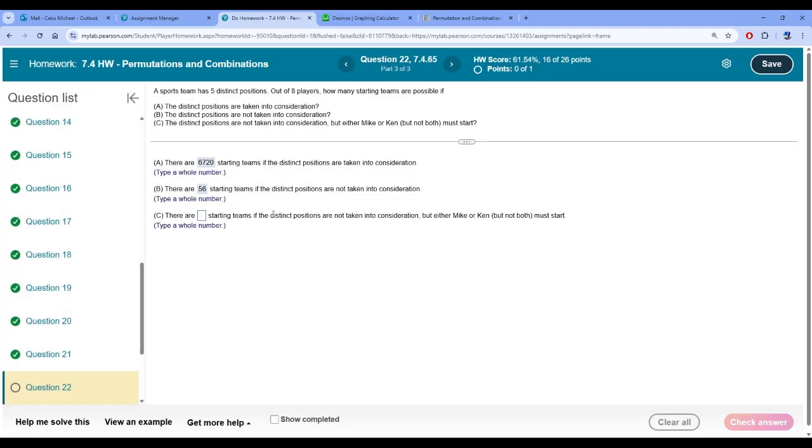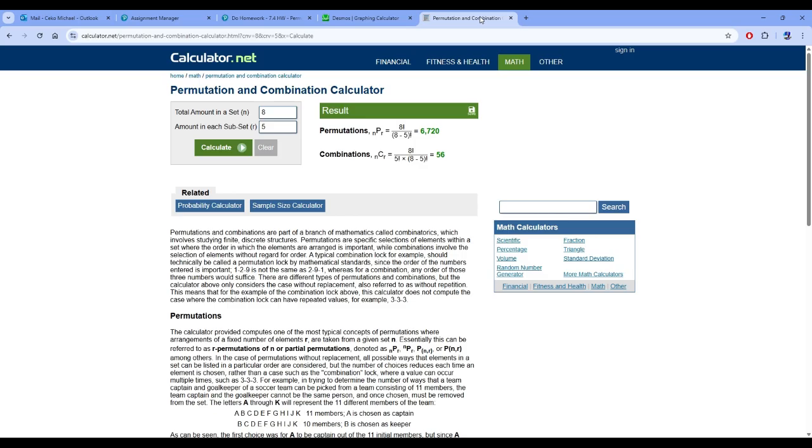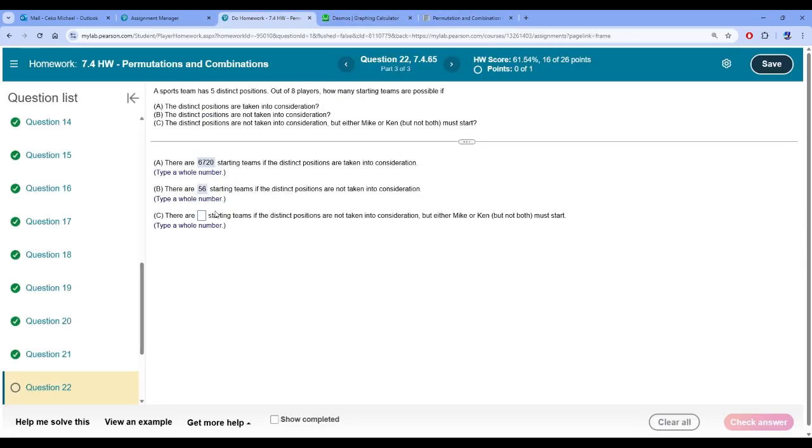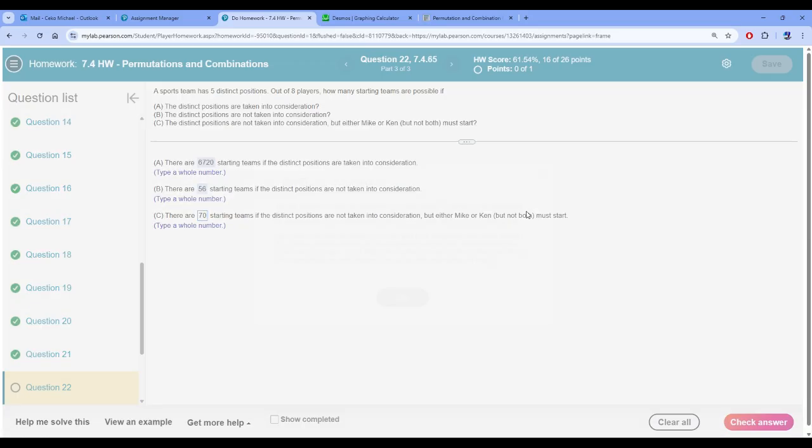There are blank teams if distinct positions are not taken into consideration, but either Mike or Ken, but not both, must start. So then I think that's 7 choose 4. I think it's 35 times 2, which is 70, because of the first two people, so there should be 70 total ways.